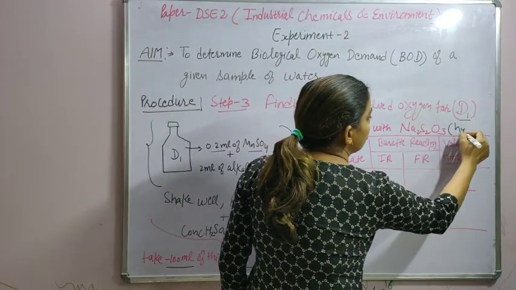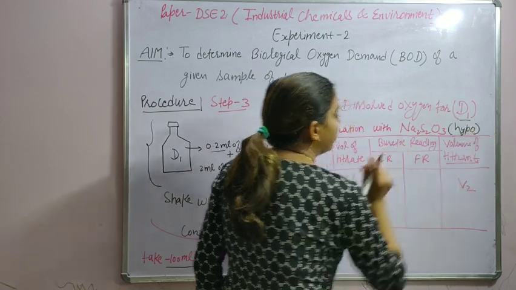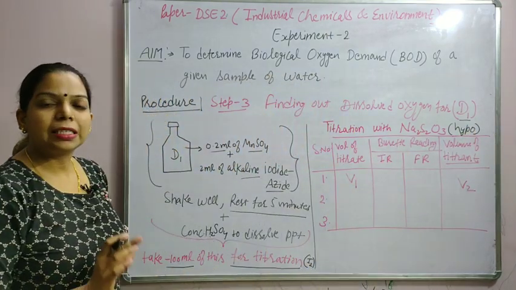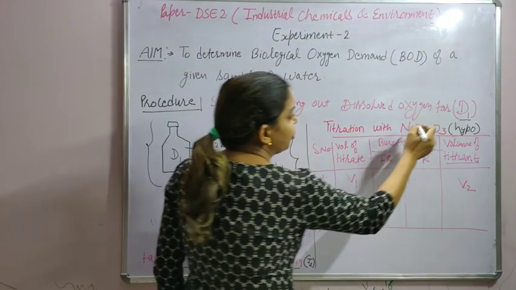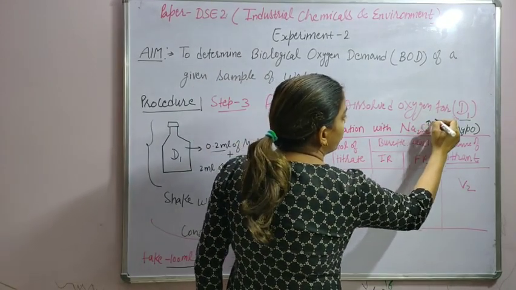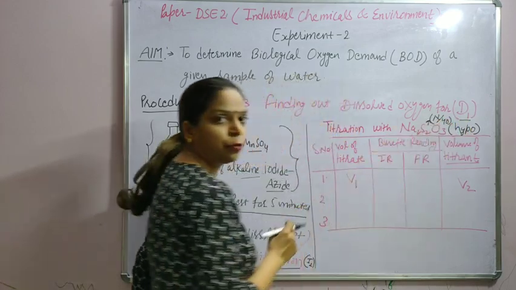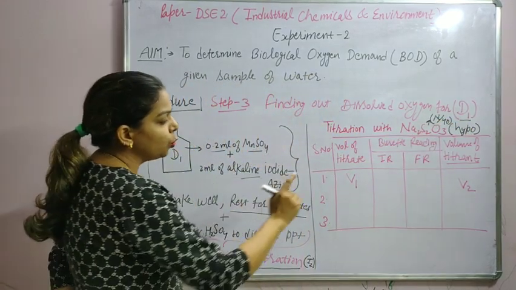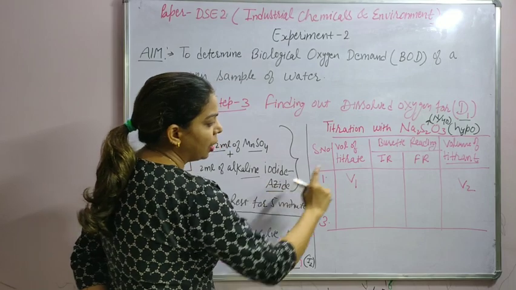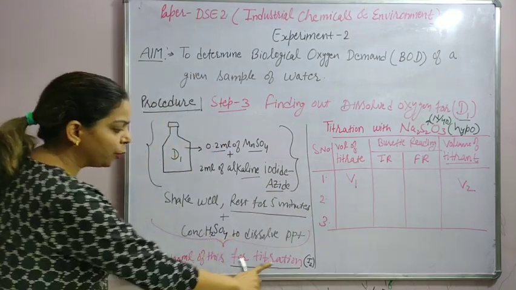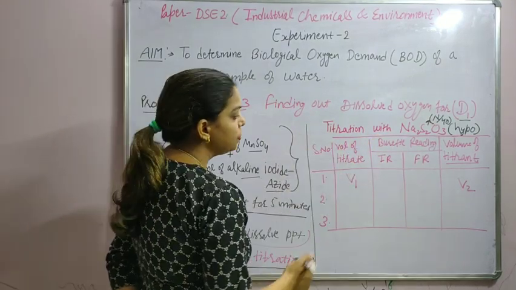This is hypo solution, and it was already standardized, and its concentration is N by 40. You will titrate this iodine with respect to hypo solution.